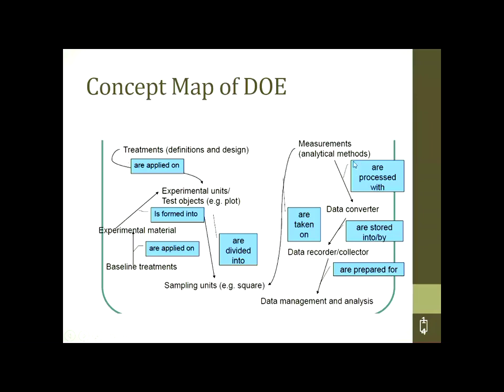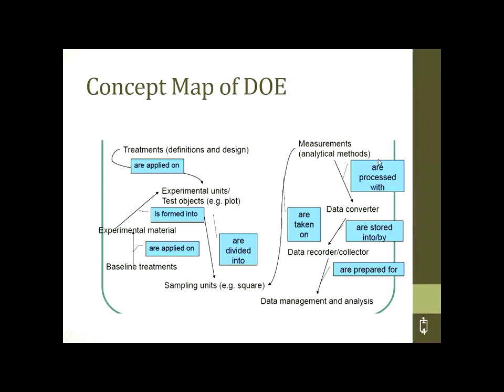We need to think about what those measurements are, what data we're collecting, how the data is being collected, what the methods and methodologies are, and how to use that equipment appropriately. Then we need to think about how we actually record that data.